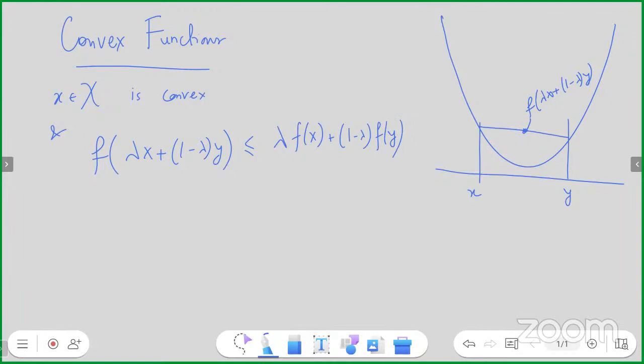Okay. So why am I harping on the fact that the domain better be convex? I've been insisting again and again that the domain of f better be convex. Why? What will go wrong if the domain is not convex?